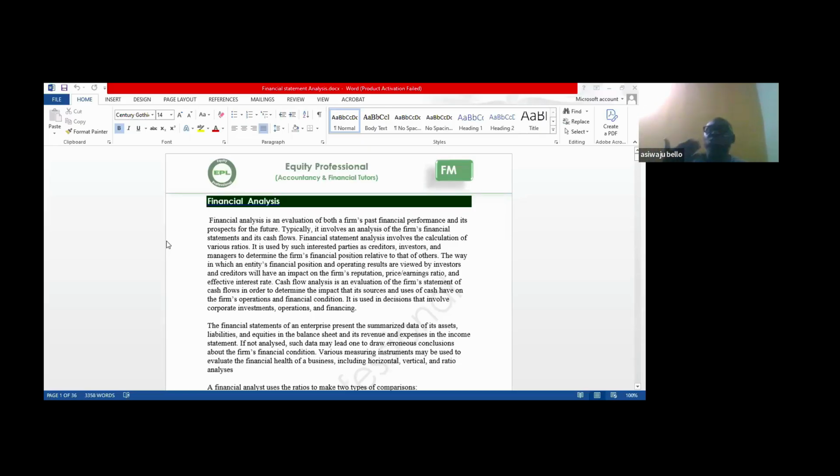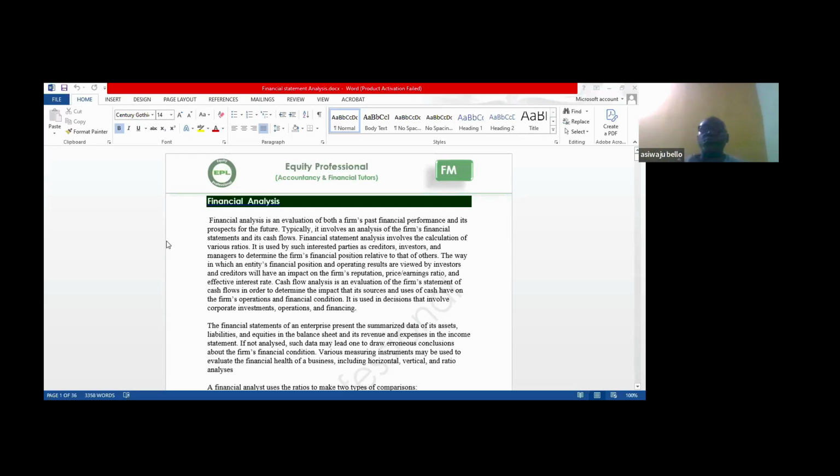We also carry out analysis of the statement of cash flows so as to determine the impact of the sources of cash flows and the uses of cash flow.